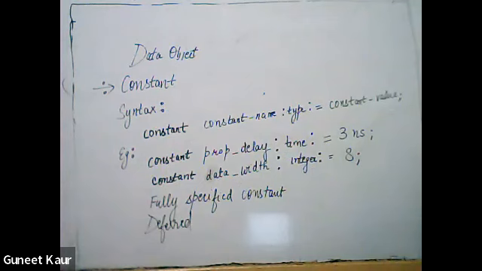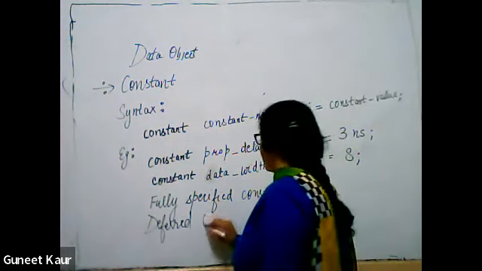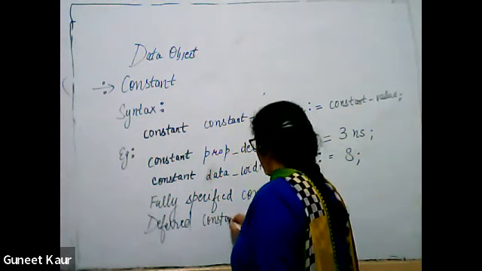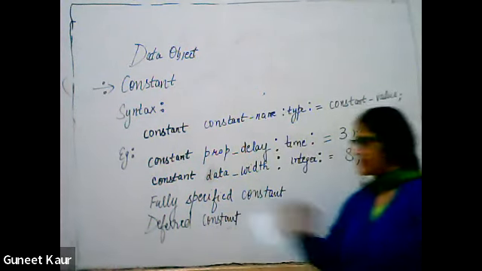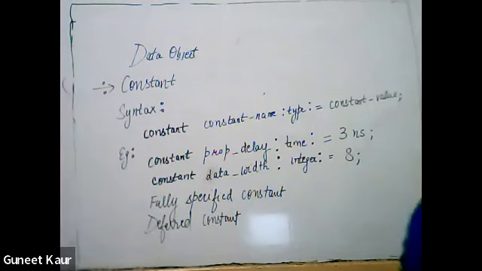It means the value is not assigned in the package declaration part. So in a constant, if the assignment is deferred to the package body, then the constant is a deferred constant.